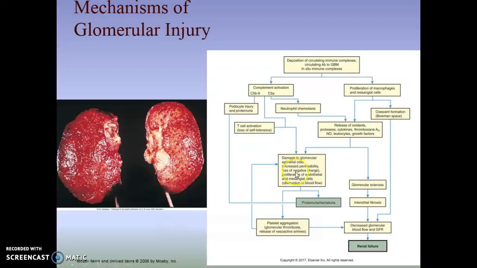You have increased permeability, loss of that negative charge, so then the proteins can leave, developing proteinuria, hematuria, glomerular sclerosis, interstitial fibrosis. This leads to decreased glomerular blood flow and therefore decreased filtration rate, and then you have renal failure.